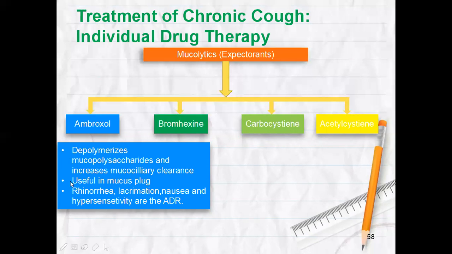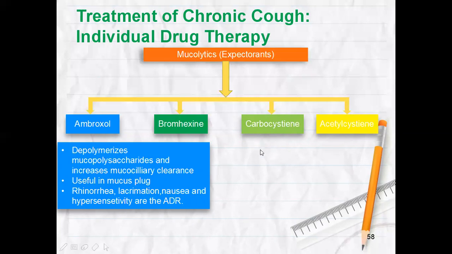So they are most commonly useful in mucus plug formation situations, for example, in cases of allergic bronchopulmonary aspergillosis or asthma or bronchiolitis obliterans. But their common adverse effects include rhinorrhea, lacrimation, nausea, and hypersensitivity.